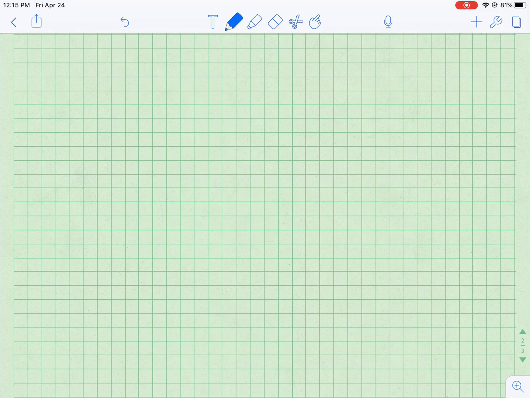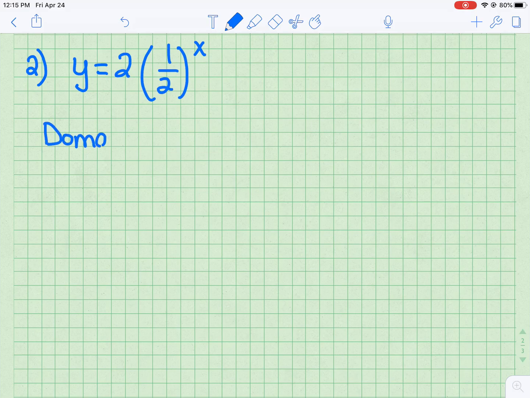So number 2 is pretty much the same thing, except this time our b is 1/2. So because b is 1/2, this is going to be decay. So again, domain's all real because it's an exponential.